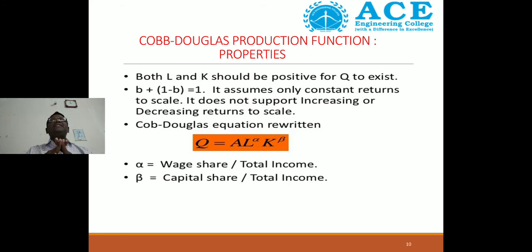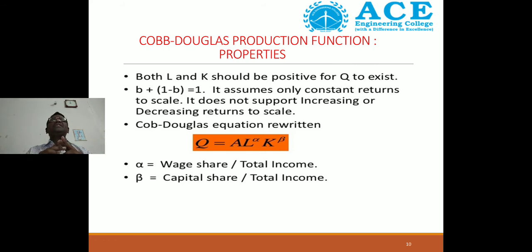The second point is B plus 1 minus B equal to 1. It assumes only constant returns to scale, and does not support increasing or decreasing returns to scale.